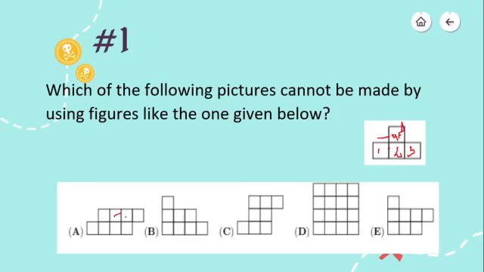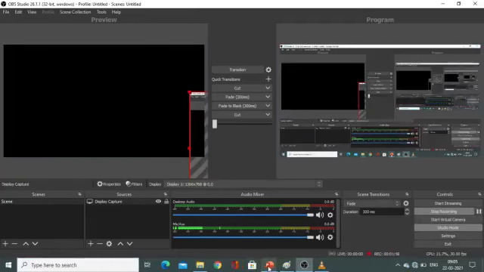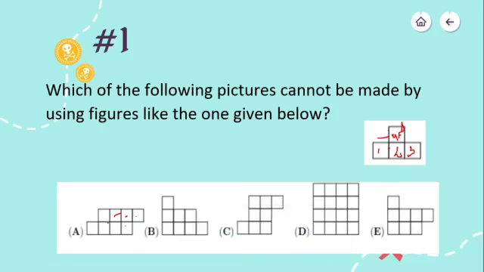Again 3 in the bottom and 1 in the top. So they made this square using this by making 1 in the down and 1 on the upside. So we can construct a shape like this using this type of square.